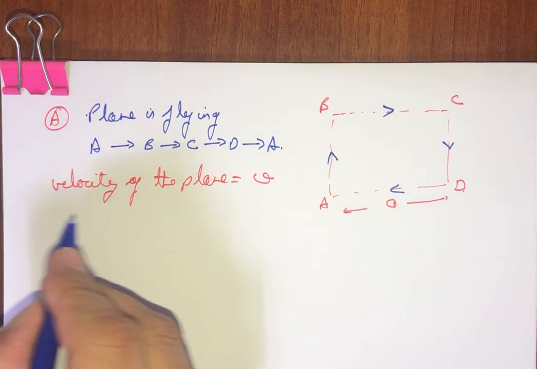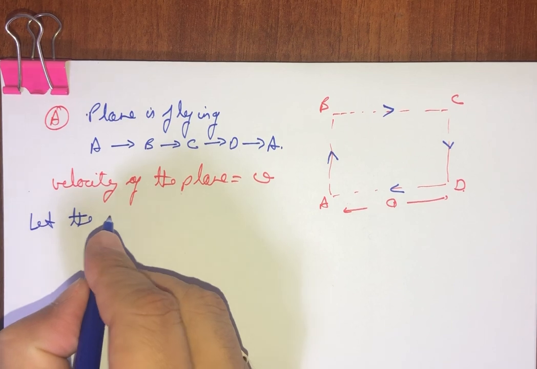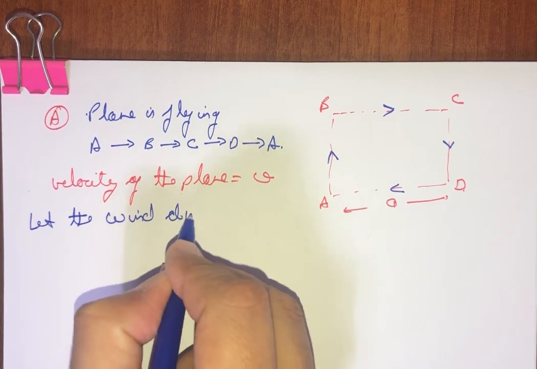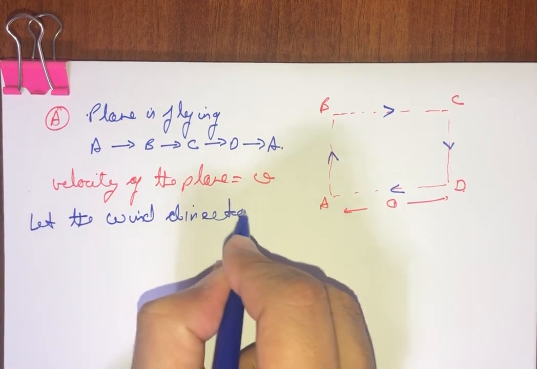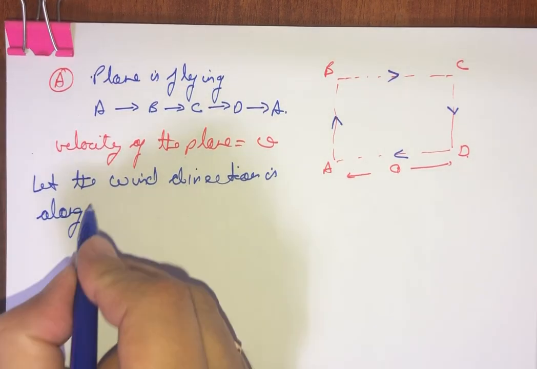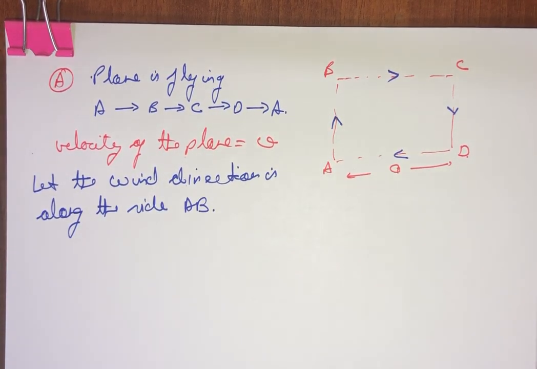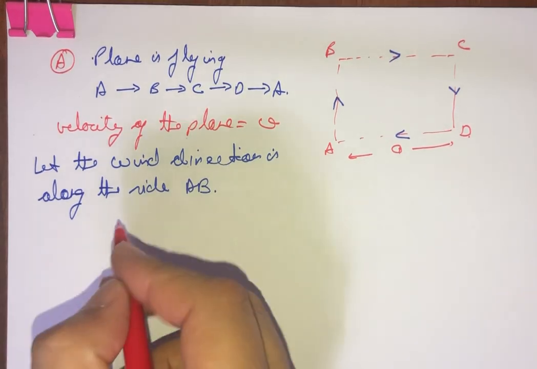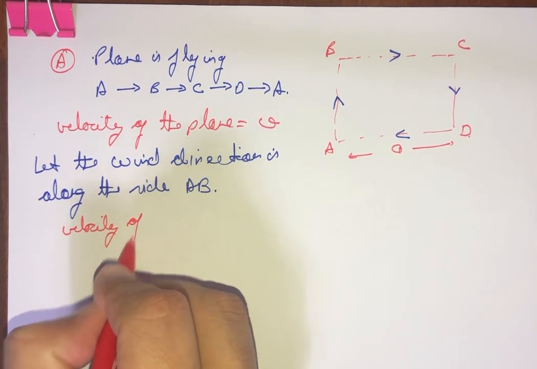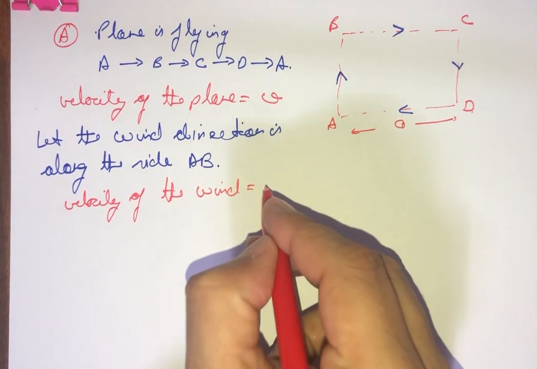So we assume let the wind direction be along the side AB, and the velocity of the wind is given as u.